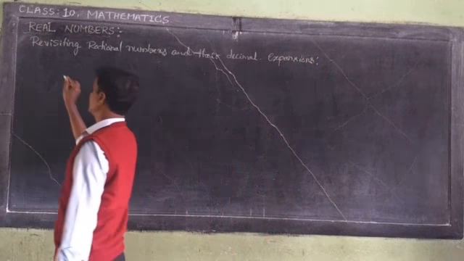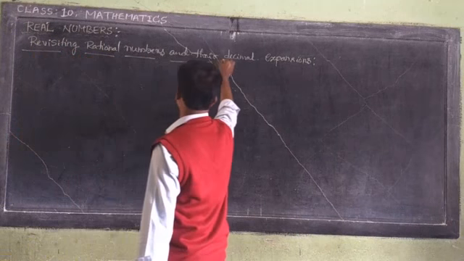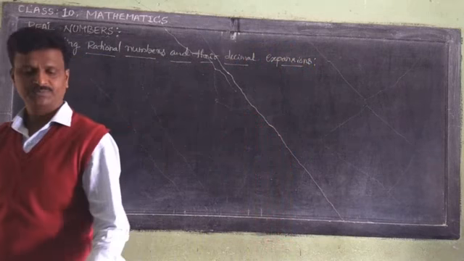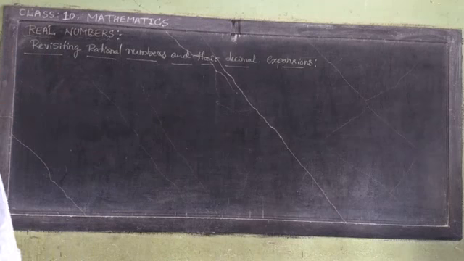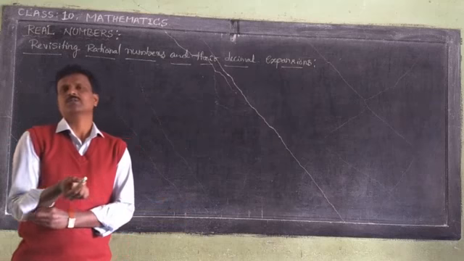You already know about a rational number. A rational number is in the form of p by q, where p and q are integers and q is not equal to 0.